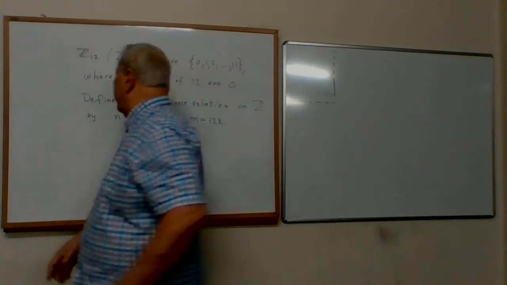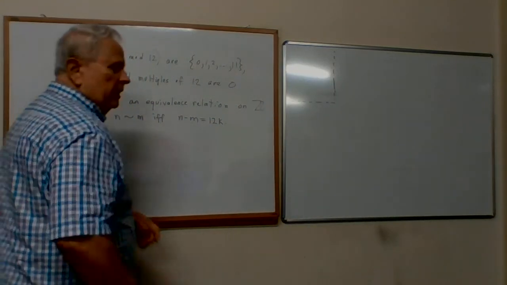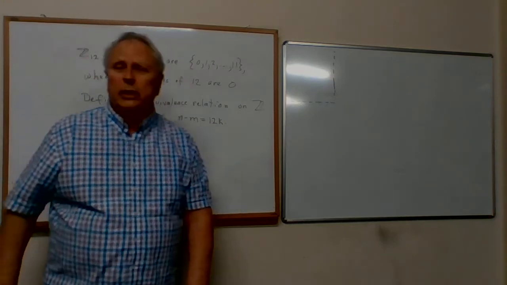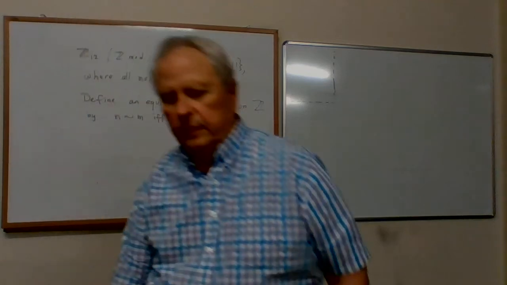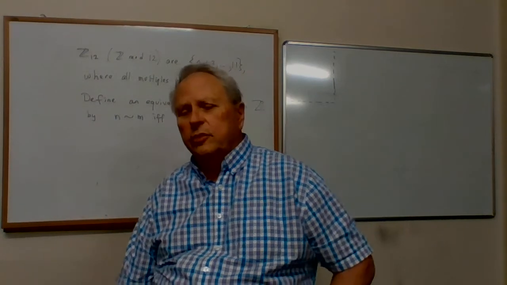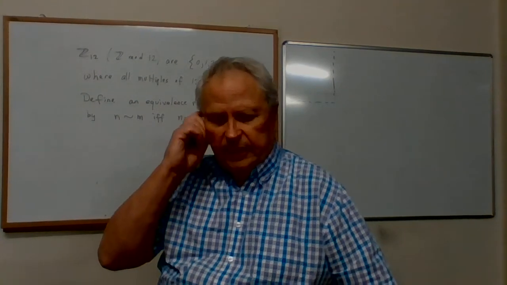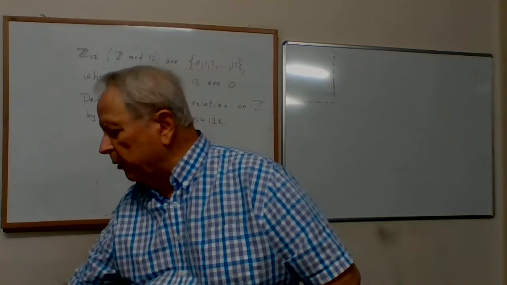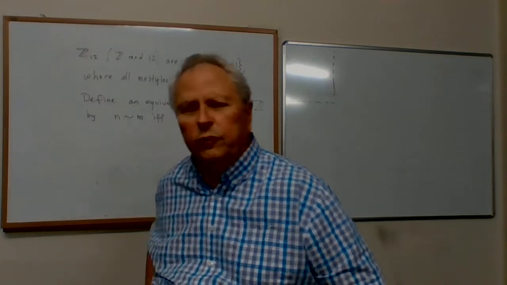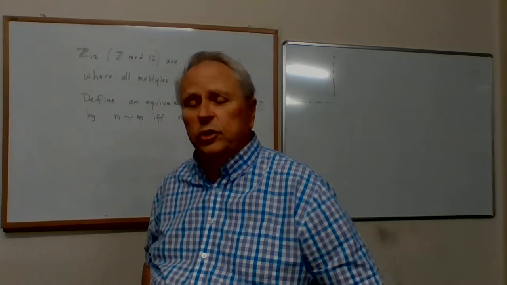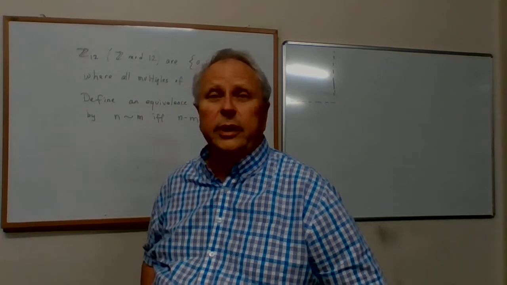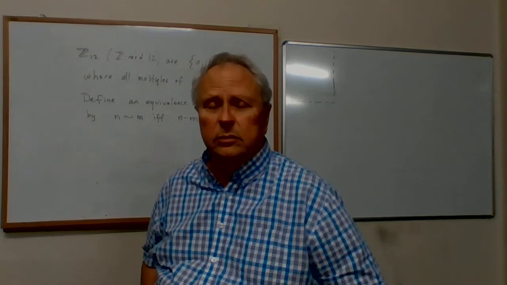Now, a special thing happens. Let's pretend that we live on a planet where there are not 12 hours in the morning and 12 hours in the afternoon, 24 hours in a day. As a matter of fact, it's not actually true that there are 24 hours in a day. Not even here.